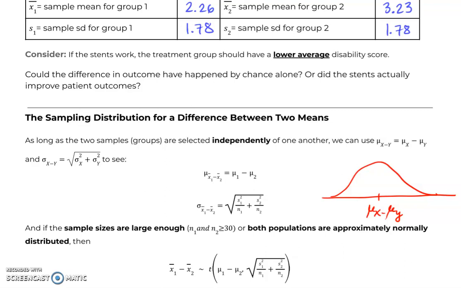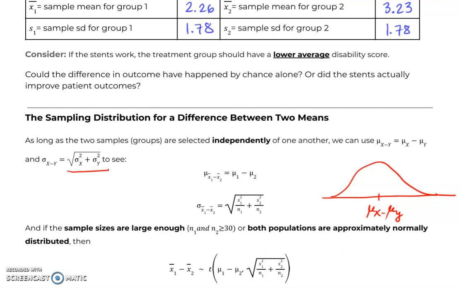So if that holds, then the sampling distribution of the difference of x1 bar minus x2 bar follows the t distribution with a mean equal to the difference in population mean and the standard deviation equal to the square root of S1 squared over the sample size N1 plus S2 squared over the sample size N2. So again, that comes from the formula up here where we're adding those variances.